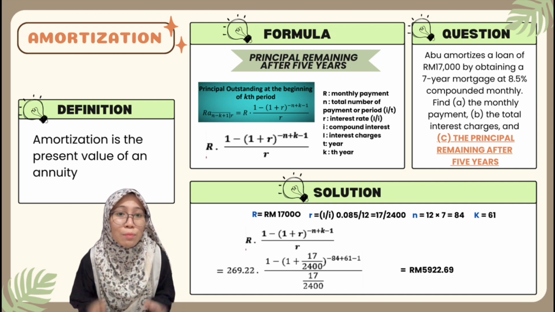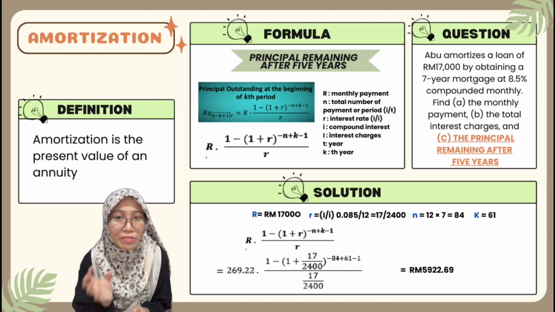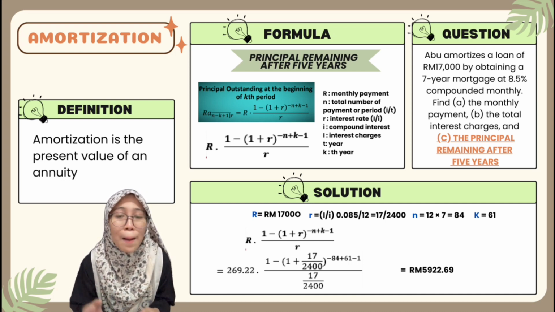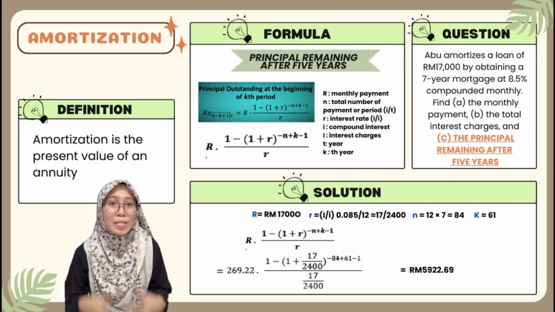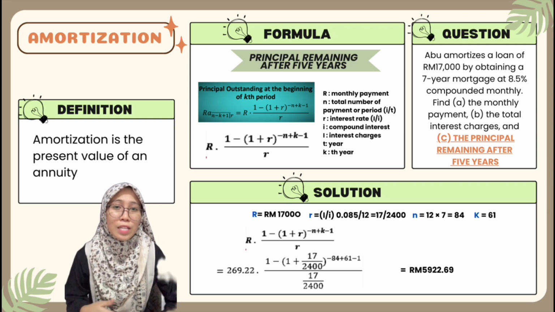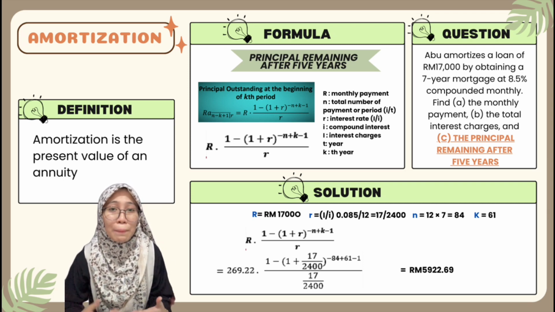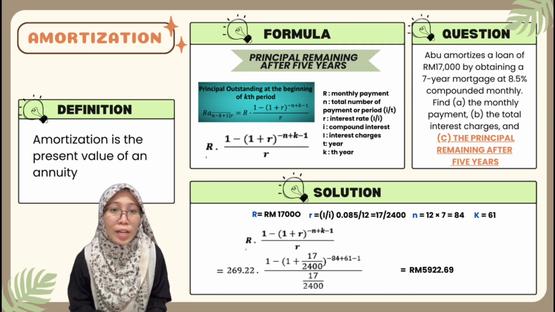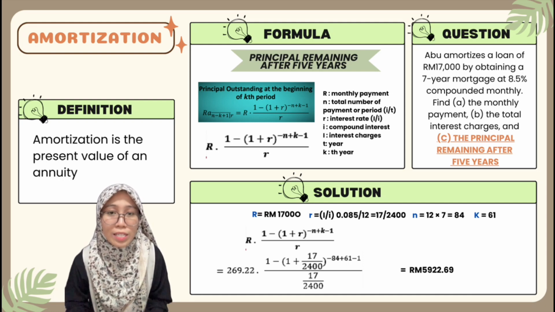The third formula for amortization is principal remaining after 5 years. The formula is big R, the monthly payment, times 1 minus 1 plus small r, the interest rate, to the power of negative n plus k plus 1, over small r, the interest rate. So the solution: big R, the monthly payment, is RM 269.22. Small r is the interest charge divided by the compound interest, which is 0.085 divided by 12, is 17 per 2,400, and the total number of payments is 84.